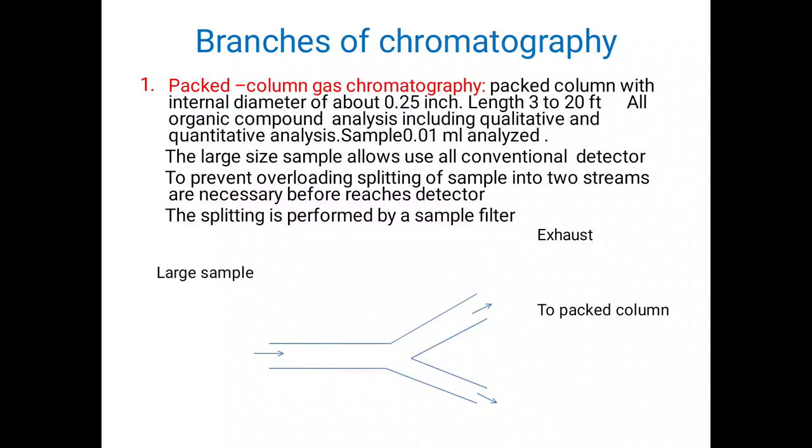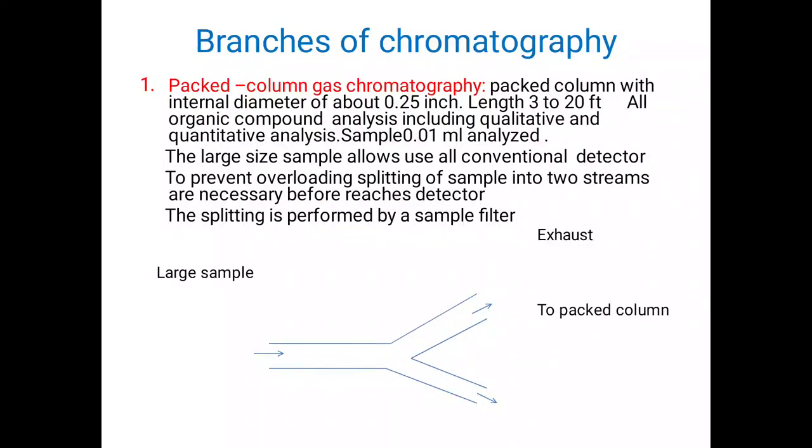In the first, packed column gas chromatography, a packed column with an internal diameter of about 0.25 inches is used, and the length of the column is generally 3 to 20 feet.